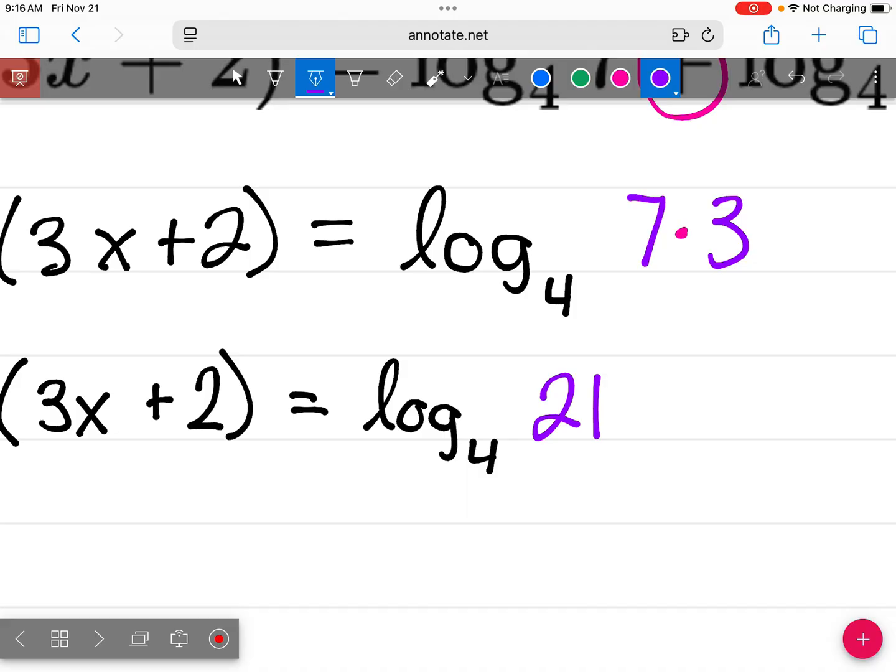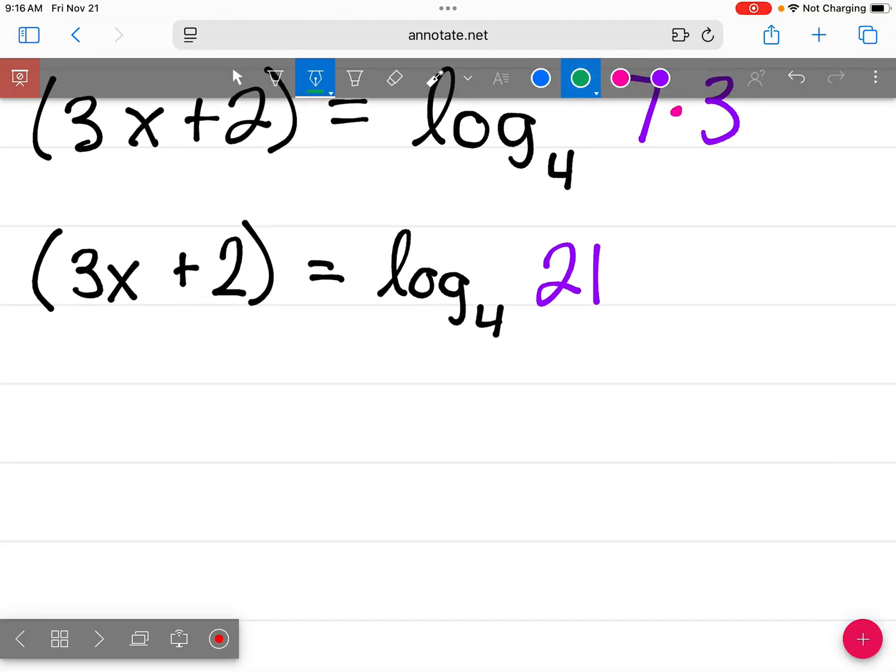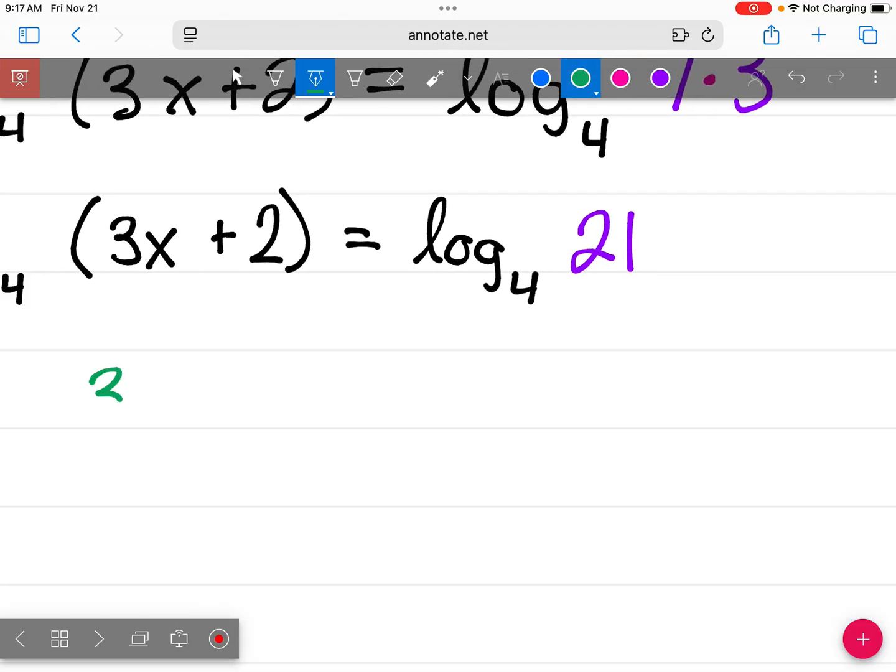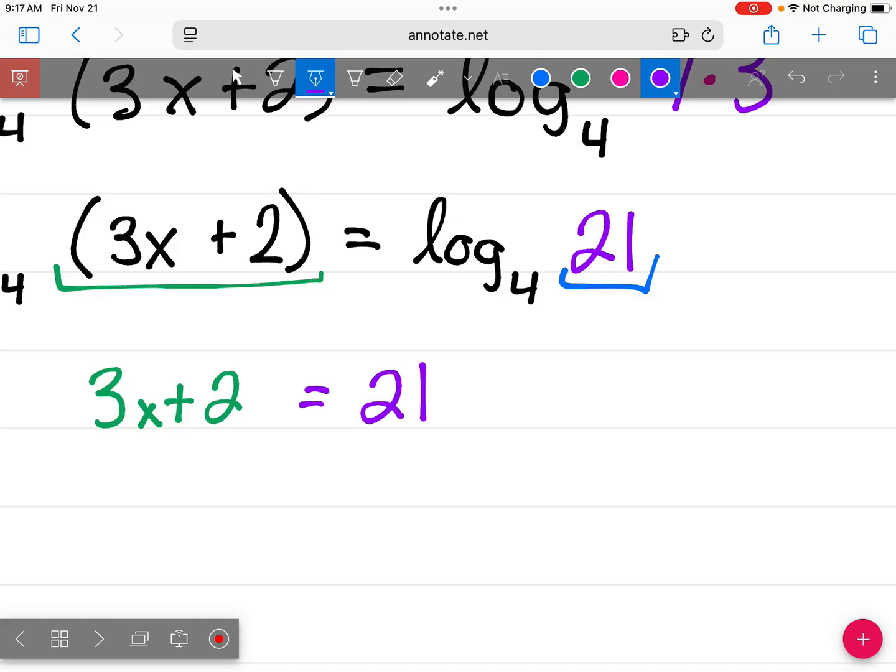Because once we have it here, what can we do? Set our two arguments equal to each other. We have our 3x plus 2, this argument, and we want to know when that's exactly the same as this argument here. So we want to know when 3x plus 2 equals 21.